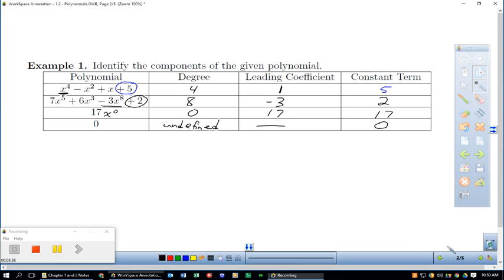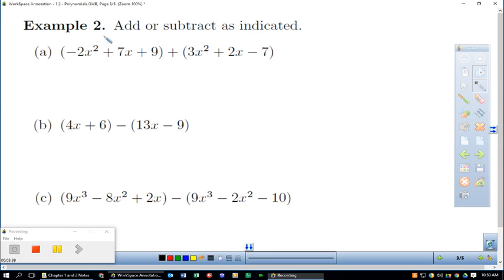So next we're going to add and subtract some polynomials, as we see indicated. So we are combining like terms, looking for things that have the same variables and the same exponents. Now here, notice, these are just added. So really there's a 1 out in front of this parentheses, multiplied there. But if you multiply by 1, distributing that doesn't change anything. So in this case, we can actually ignore the parentheses.